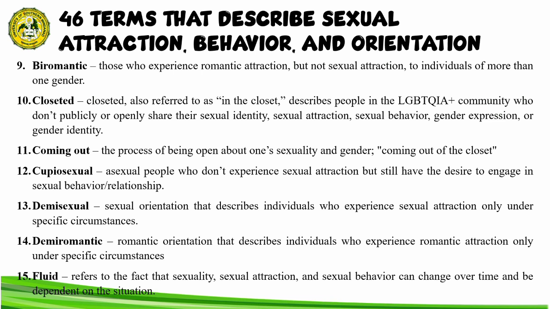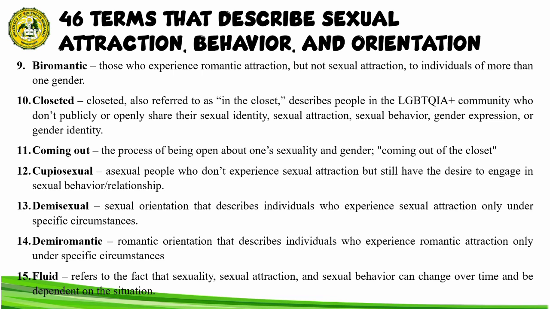Next, we have demisexuality. Demisexuality is a sexual orientation on the asexual spectrum that describes people who do not experience sexual attraction until they form a strong emotional connection with someone. This means that they may not find anyone sexually attractive until they have gotten to know them on a deep level and developed a strong emotional bond.